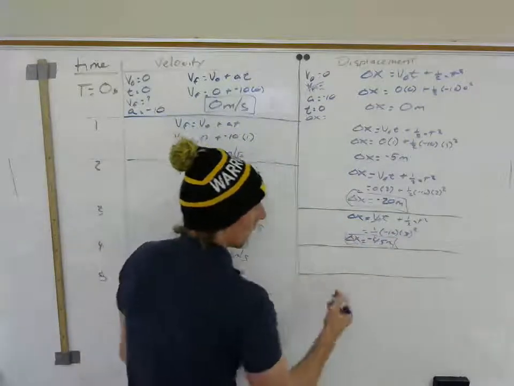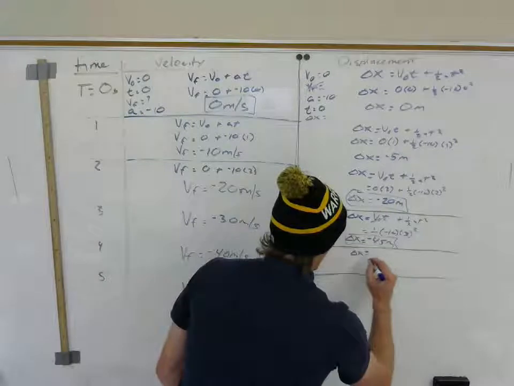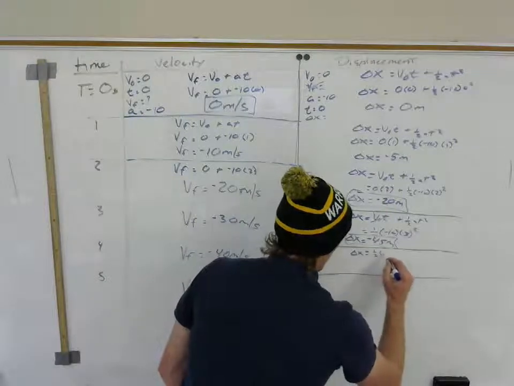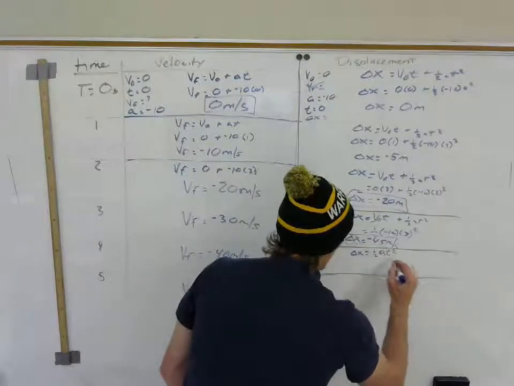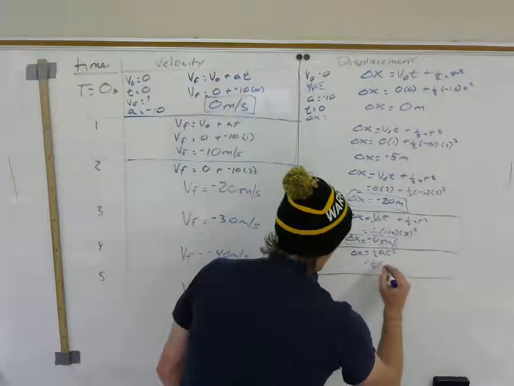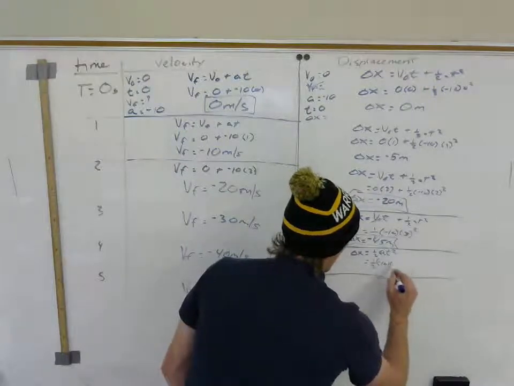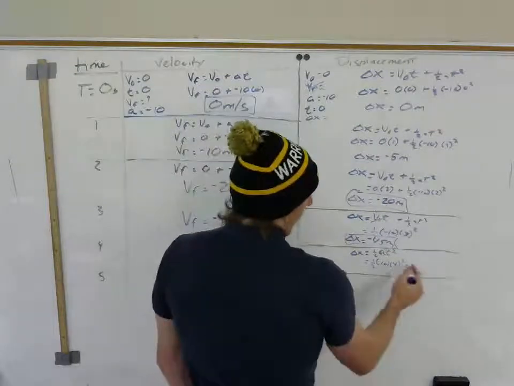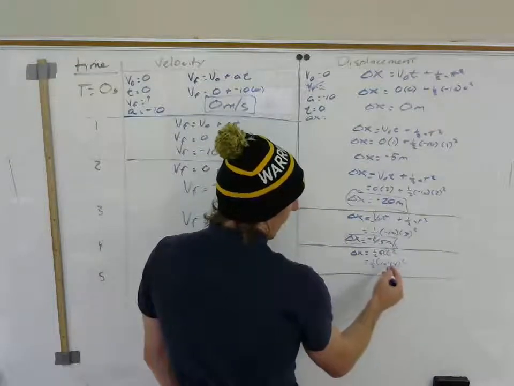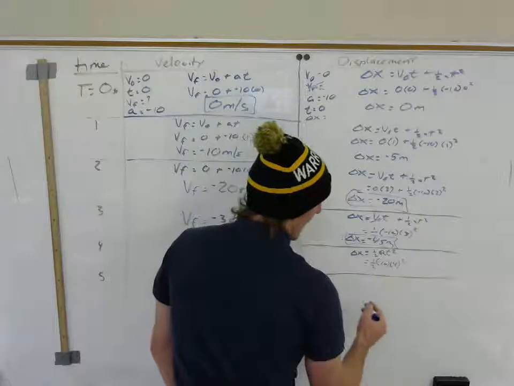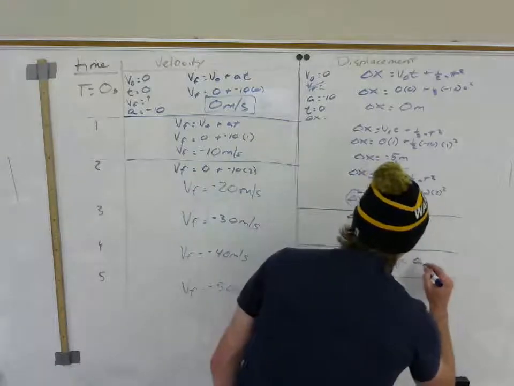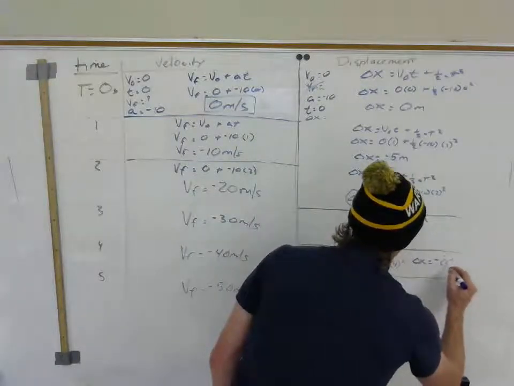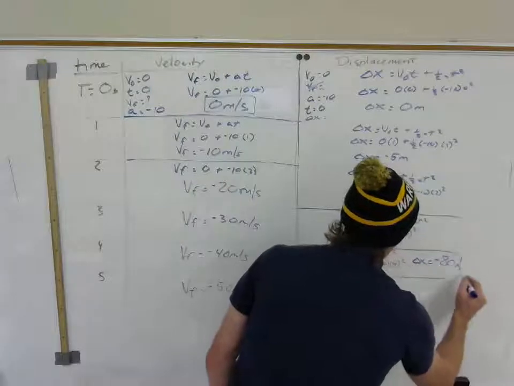To go a little faster, 1/2 at squared equals 1/2 times -10 times 4 squared. 4 squared is 16, times -10 is -160. Half of that is -80. So now my displacement equals -80 meters.